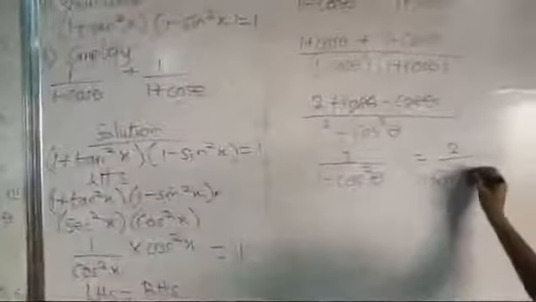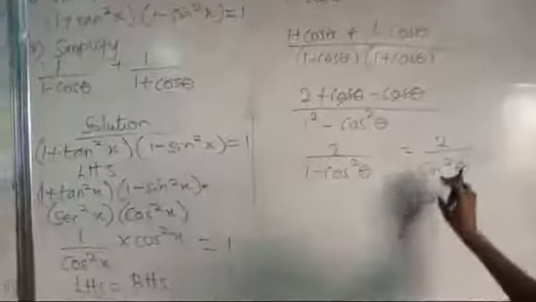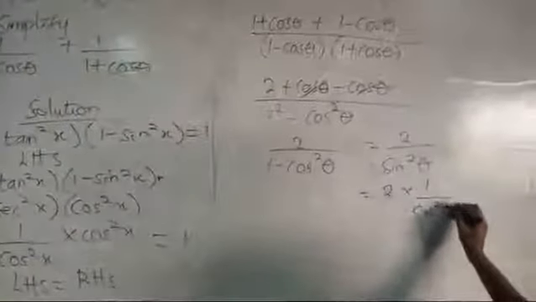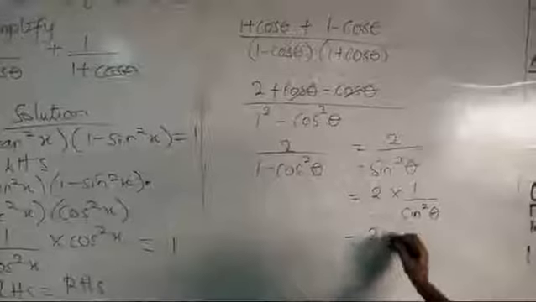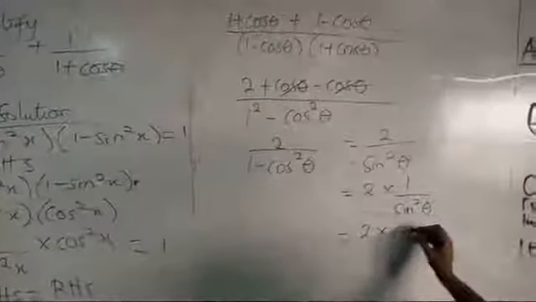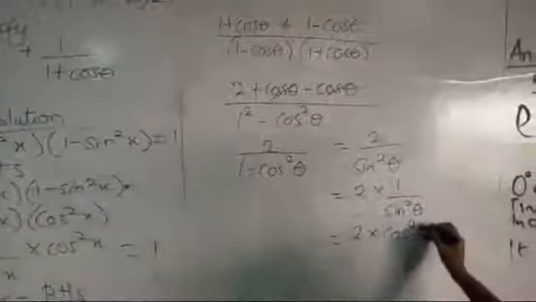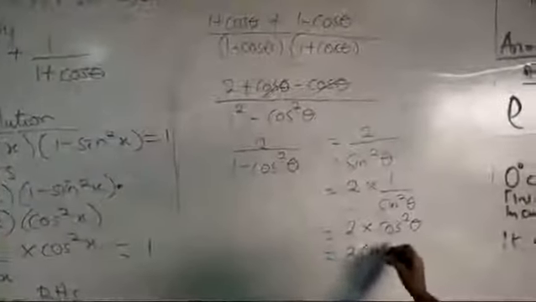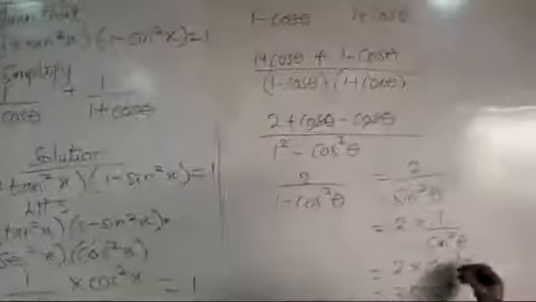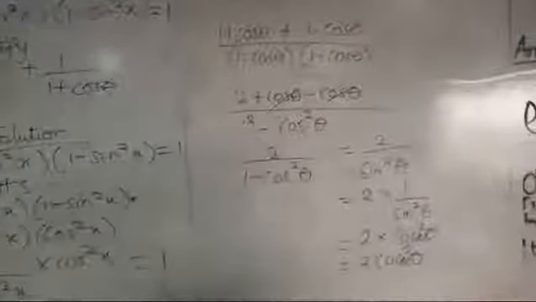So this is equal to 2 over sine squared theta. Again, what can you relate to sine square or sine? Coming to here, you have cosec, that's 1 over sine. So since this is 2 times 1 over sine squared theta, this part would be 2 times cosec squared theta. So that's that for this example.